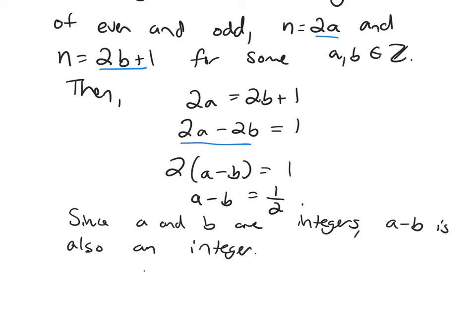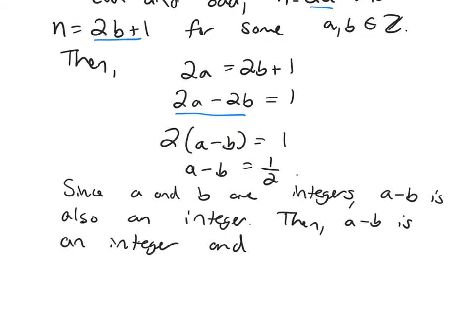But a minus b is 1/2, and that's clearly not an integer. So on one hand a minus b is an integer, and on the other hand it's 1/2, so a minus b is not an integer, which is a contradiction.